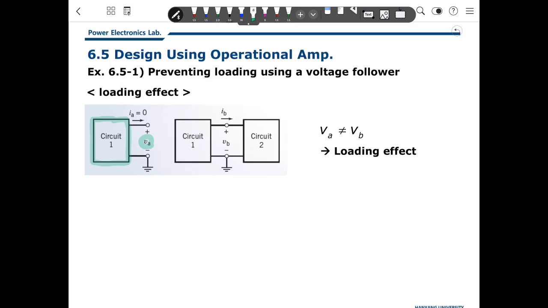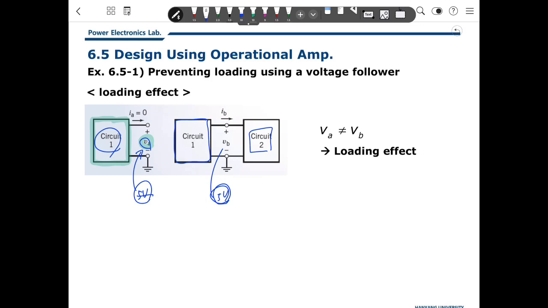For example, I want to make a 5 volt output here. I design the VA to be 5 volts based on circuit 1, and I want to insert that 5 volts into circuit 2. So to insert the 5 volts, I use circuit 1.